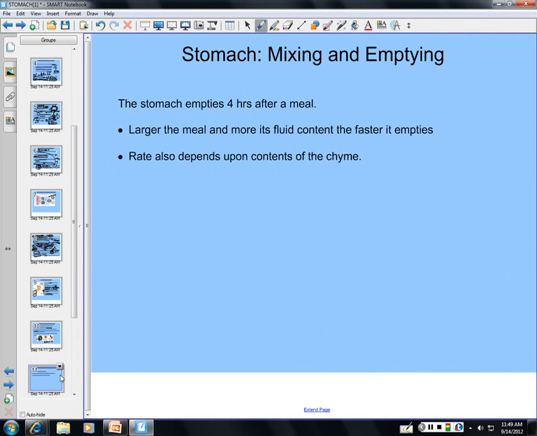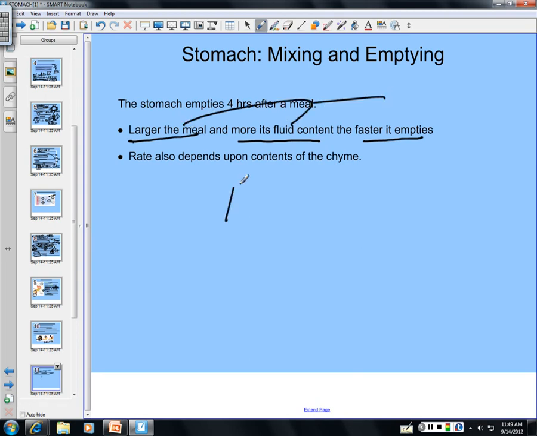Once the mixing has taken place, when does emptying start? Emptying starts after a meal. The more fluid its content, the faster it will empty. The larger the meal and the more fluid its content, the faster it will empty. But remember, if there's more fat content, then the emptying will be slow.